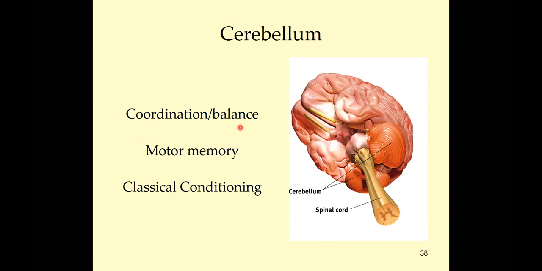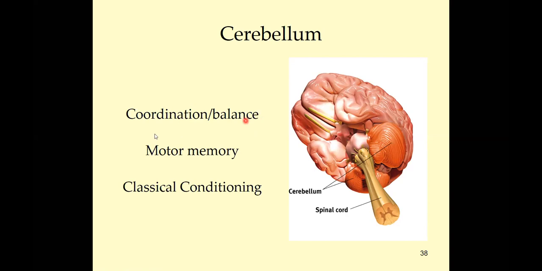They might still be able to move, but their movements would be jerky and imprecise because this area of the brain is comparing how much you intend to move with how much you actually move. If damaged, also balance problems may result. The person might be able to walk, but it might be like somebody who's very drunk. And as a matter of fact, this is one of the first parts of the brain that is affected when you drink alcohol. So that kind of matches up.